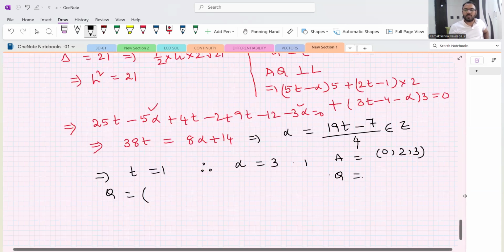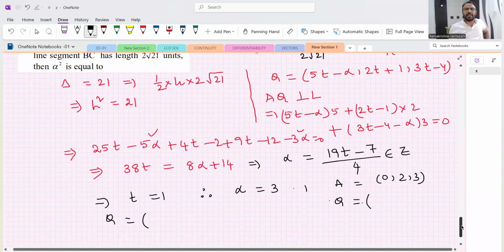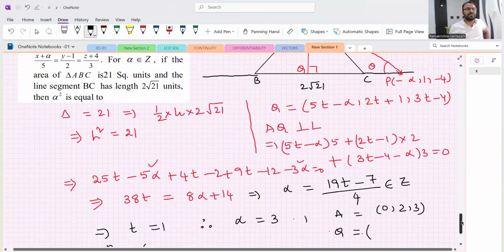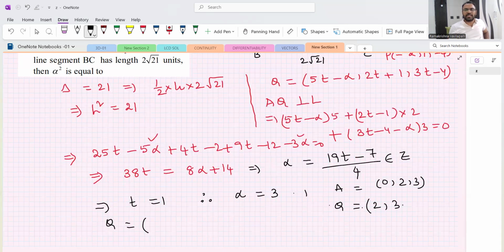Coordinates of Q are nothing but 5t minus alpha, so 5 minus 3, that is equal to 2; 2t plus 1, 3; 3t minus 4, minus 1. So what is AQ square length? 4 plus 1 plus 16, that's equal to 21. Now it is true.